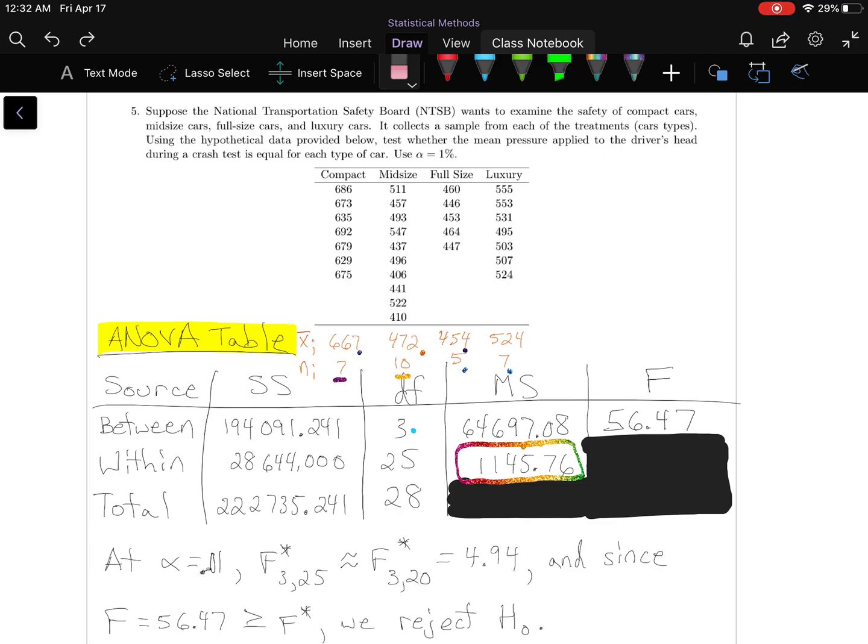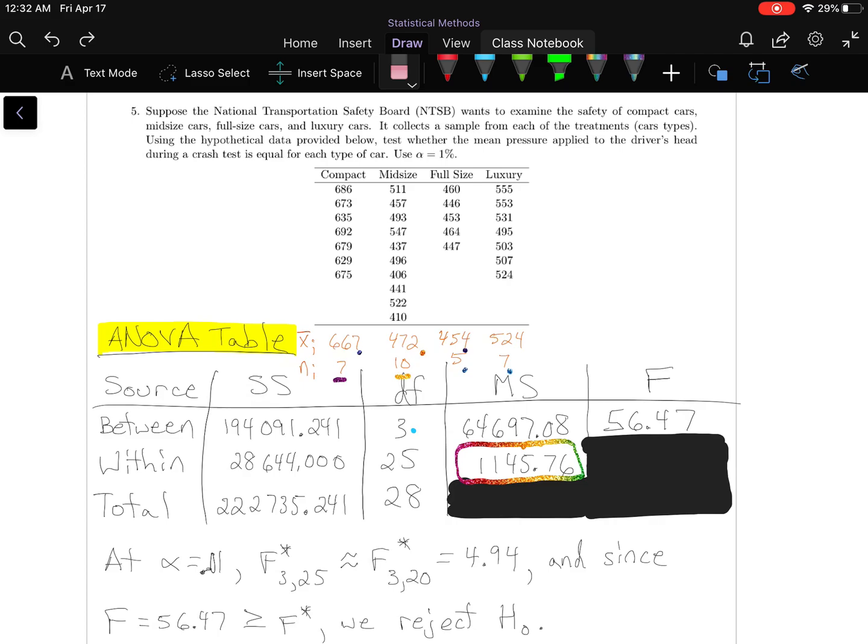So here is the ANOVA table for you to check yourself. If you did it, great. Hopefully you got it. If you didn't, then you have this answer to step 2 in the hypothesis test for the analysis of variance. I will leave it to you to try to get these values on your own, but at least you know the values that you should be able to obtain.